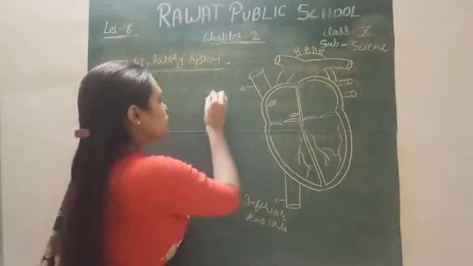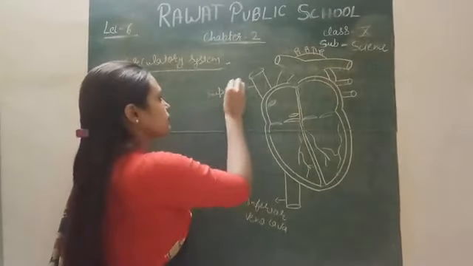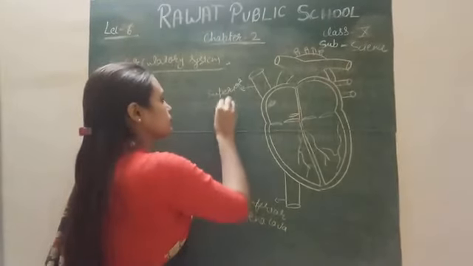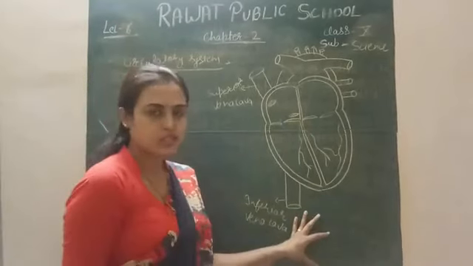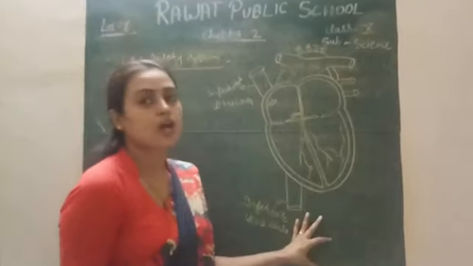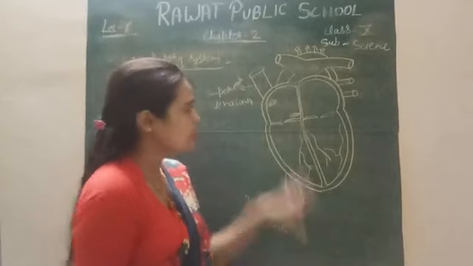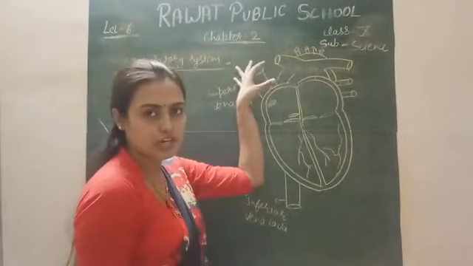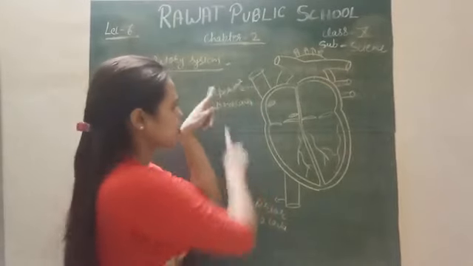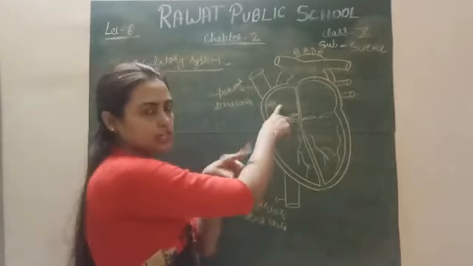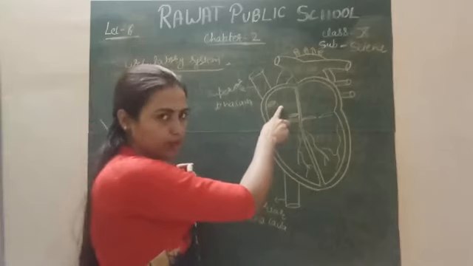This is the superior vena cava. The inferior one collects the deoxygenated blood from the lower body organs, and the superior one collects the deoxygenated blood from the upper body organs. After the collection, they put the deoxygenated blood here, in the right auricle.